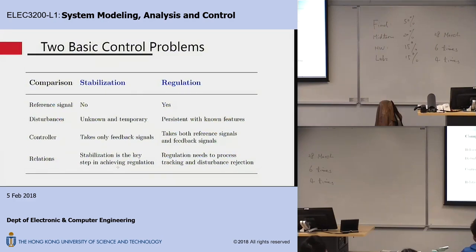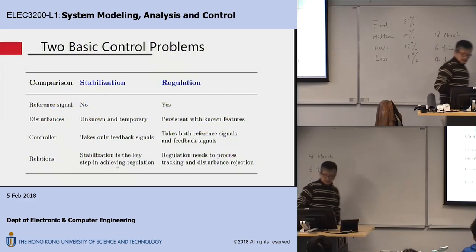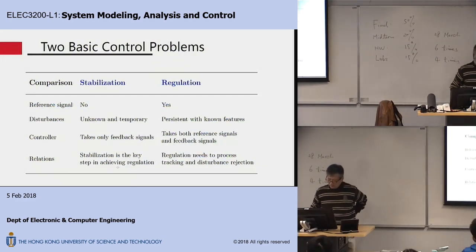In order to solve a regulation problem, you need to first solve the stabilization problem. The regulation problem can be considered as a further step of the stabilization problem. Without stabilization, you cannot do regulation well. You can see at least that in the regulation problem, if you set the reference signal, or the command, to be 0, that's essentially a stabilization problem.